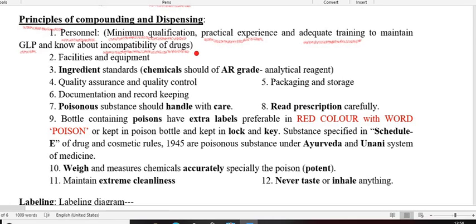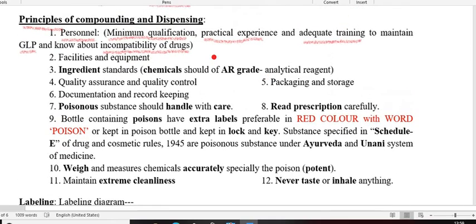Incompatibility means compatibility between two drugs. Like if in a single room two students are residing together, then there may be chances of fighting between them, so both the students are not compatible, or you can say incompatible. And likewise here the drug is also the same. So the personnel working in the pharmacy lab should have the minimum qualification and the things that I have mentioned.